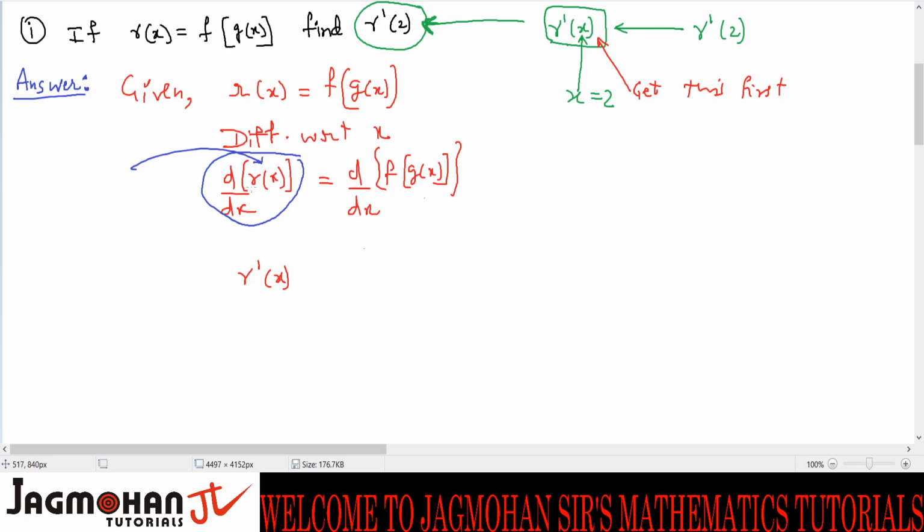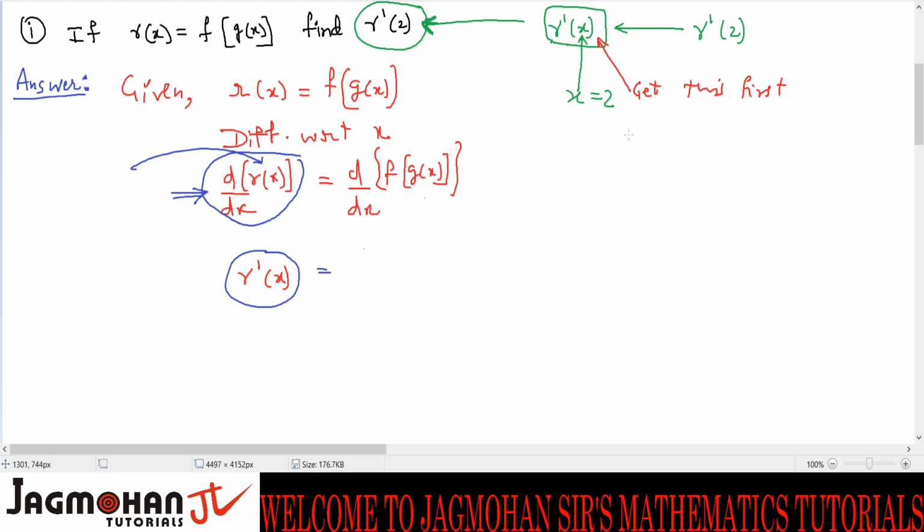It is r, and that function could be any function. So if I have the symbolic representation of a function as r, the symbolic representation of its derivative will be r dash. So the left hand side, d by dx of r of x, is r dash, and then here I have d by dx of f of g of x.